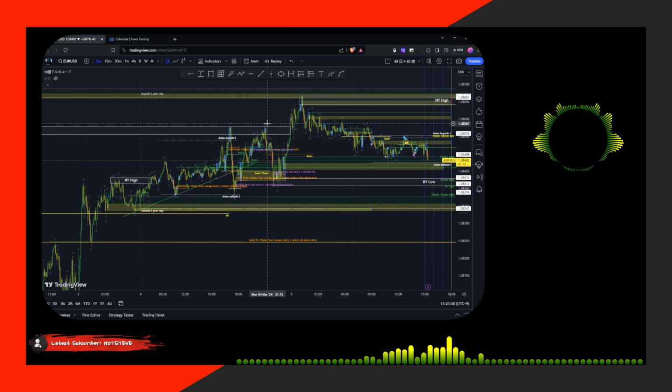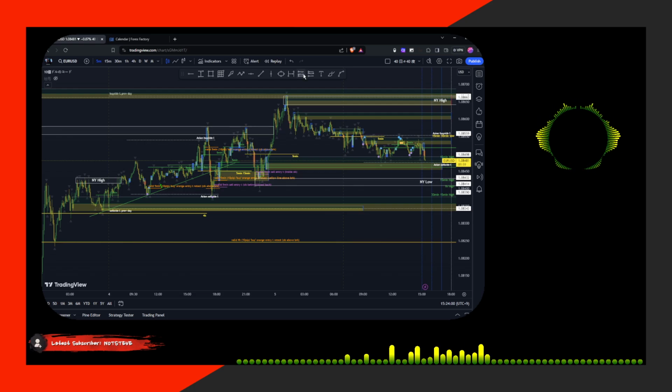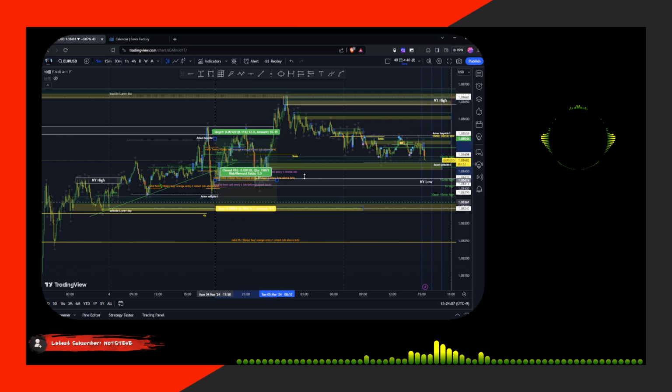So yesterday we did what I wanted it to do. You see, we purged this one, taking out liquidity, and we had this 5 minutes, but I did not enter that place. I entered at this level over here with my stop loss at around this level, take profit this level.